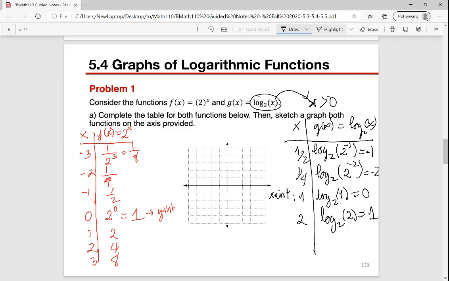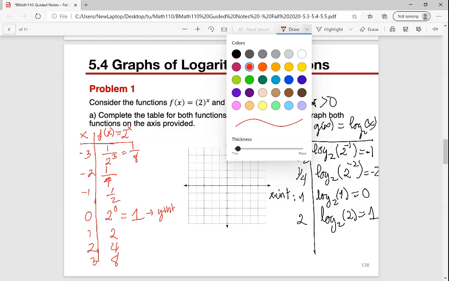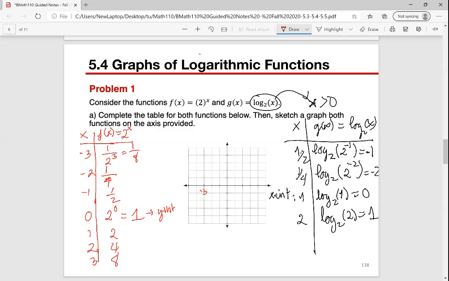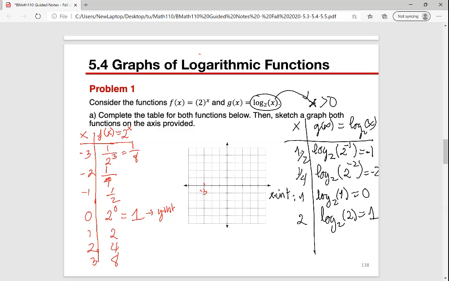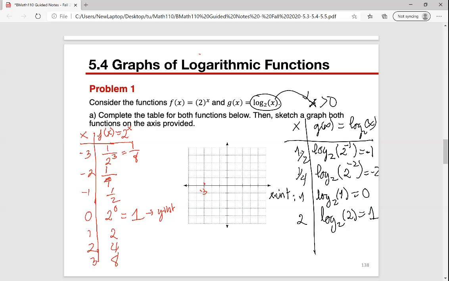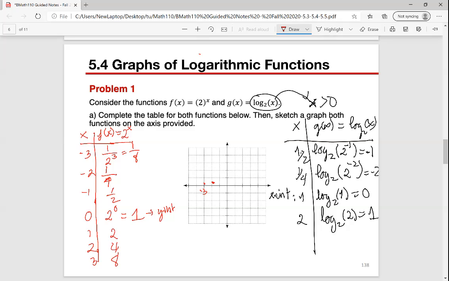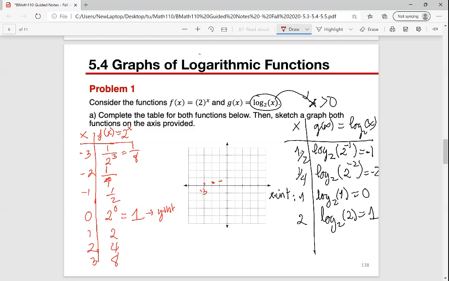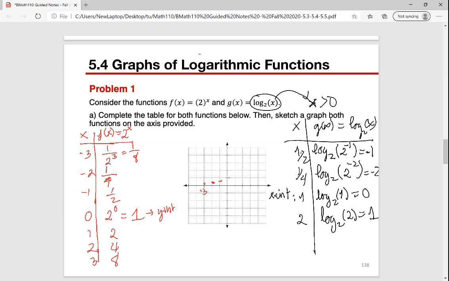All right. So now I will plot some points for f of x first, using the red one, right? The first one was 1/8 and negative 3. So negative 3 is here, and 1/8 somewhere over here. What else? Negative 2 and 1/4. Keep it a little bit higher, all right? And then negative 1 and 1/2. And 0 and 1, right here.